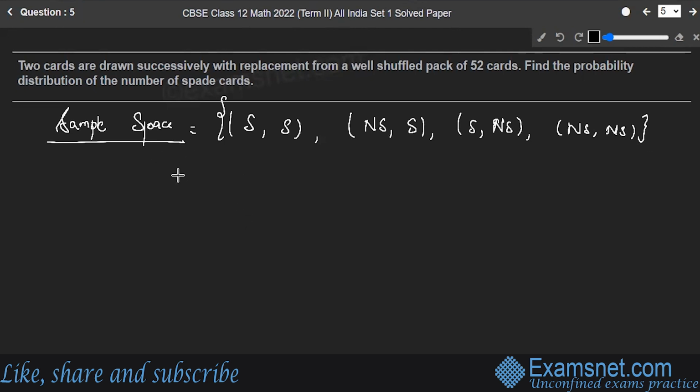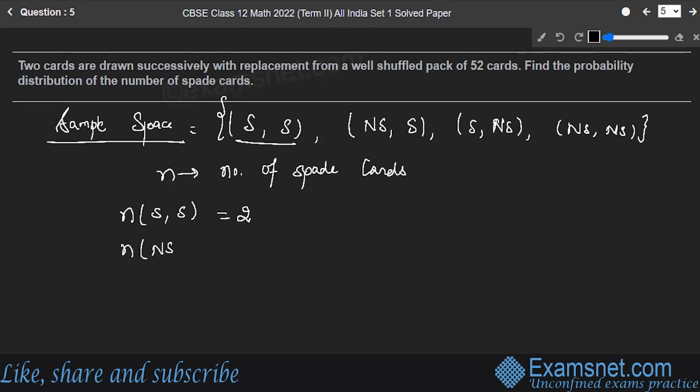Okay. If I say X denotes the number of spade cards, then in this case, with spade and spade, the number of spade cards is equal to 2. In this case, the number of spade cards is equal to 1. In this case, the number of spade cards is equal to 1.